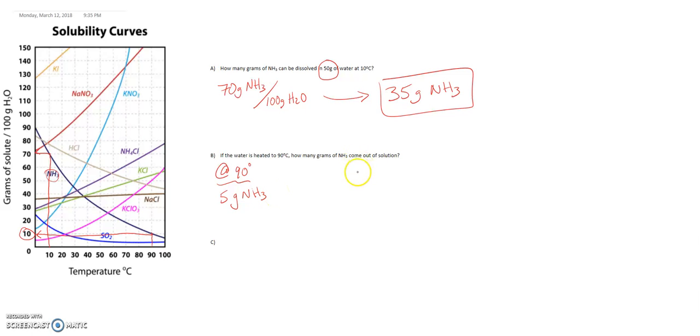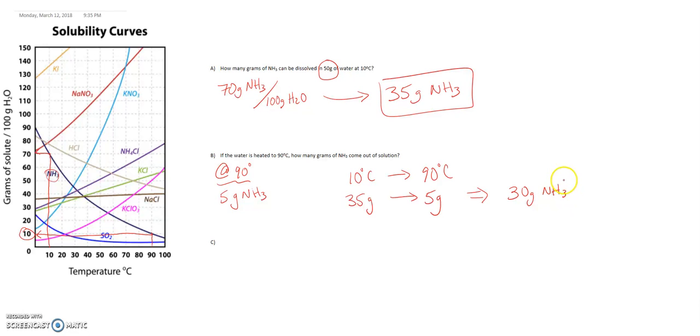So if we heat from 10 degrees Celsius up to 90 degrees Celsius, we're going to go from being able to dissolve 35 grams down to only 5 grams, which means 35 to 5, we're going to lose 30 grams of NH3. It is not going to be able to dissolve anymore.